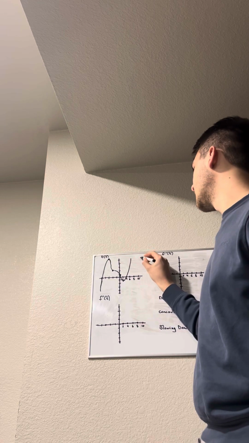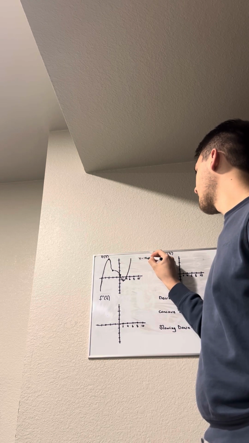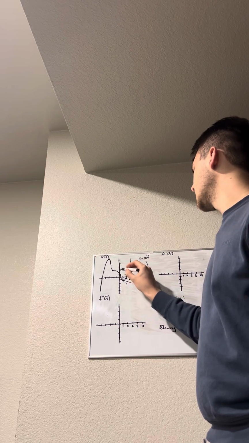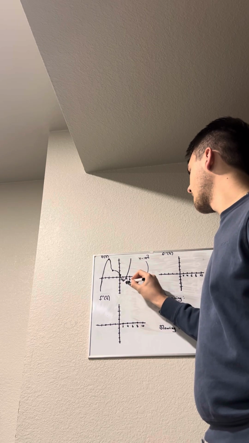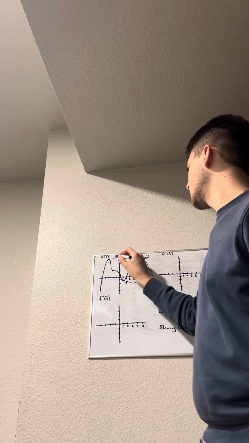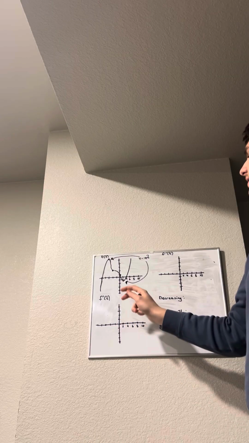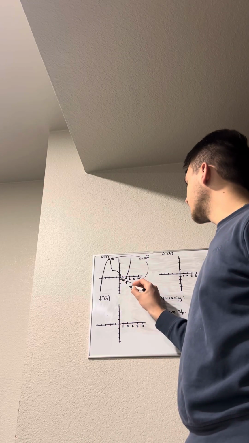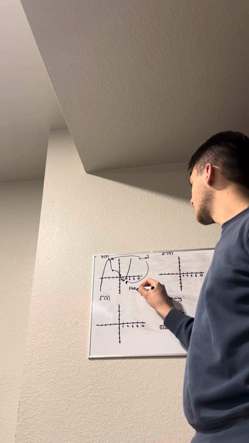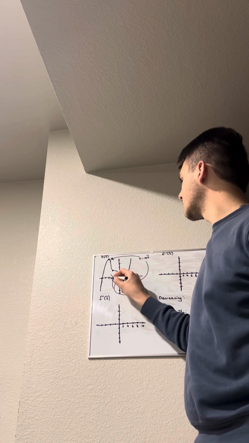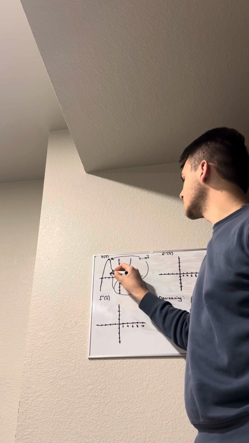So the x-intercepts can be represented by these 2 points right here, and then the new peaks that we'll have on f prime of t can be represented by these 2 points right here.